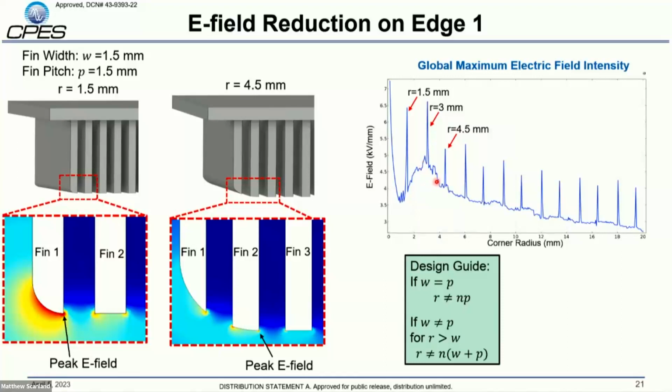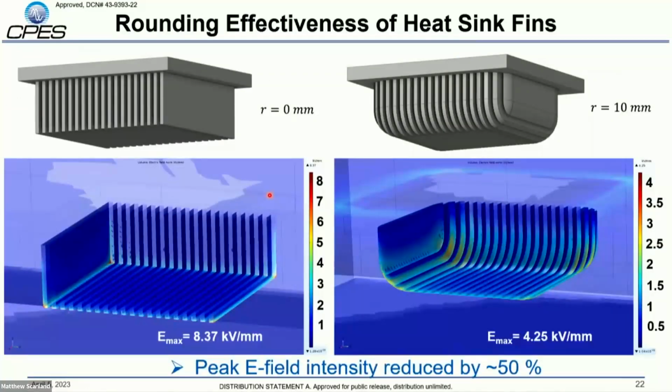And so there are cases where if you pick the wrong radius, basically you create a knife edge, if we want to imagine it as that, like what you see here. And you can actually end up worse than you were before. So we came up with a design guide pretty much with what not to set it at. And then if we round these corners, then we can again reduce the peak field intensity by 50% as well.